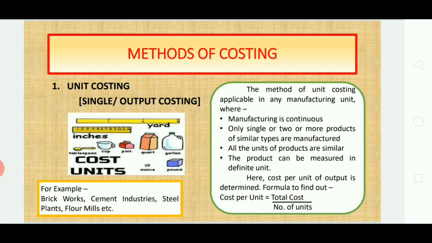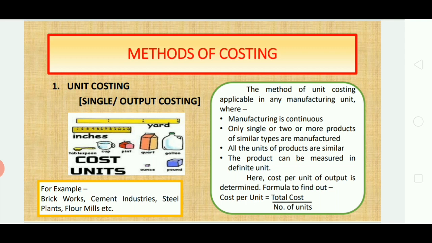If you are in a chemical business, then chemicals can be measured in liters. If you are in a textile industry, then in short, the product should be measured in a definite unit.